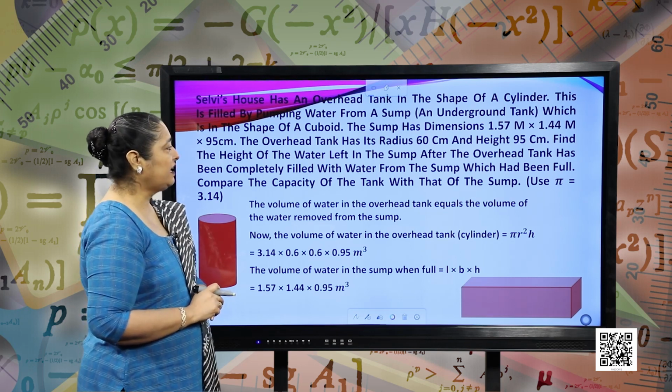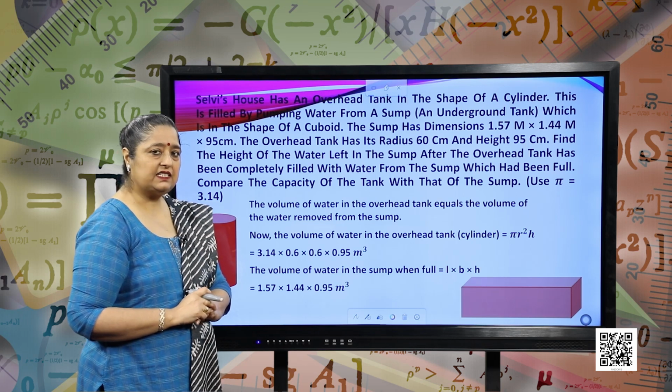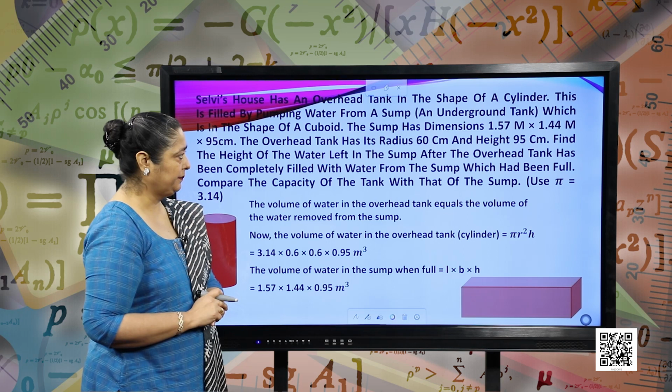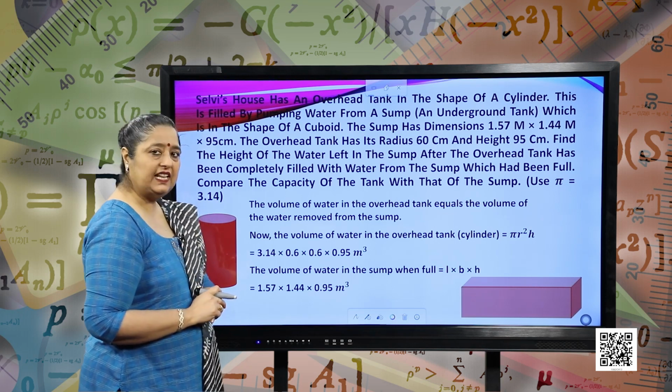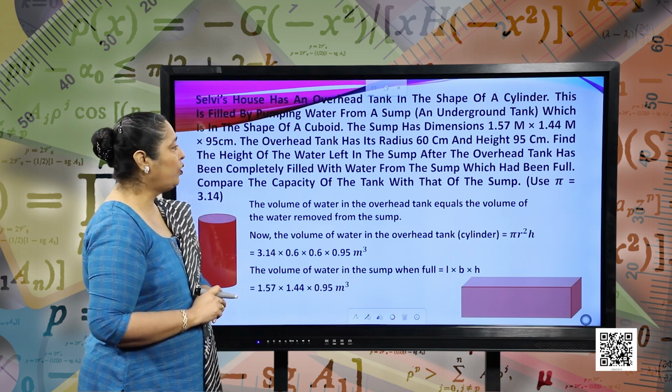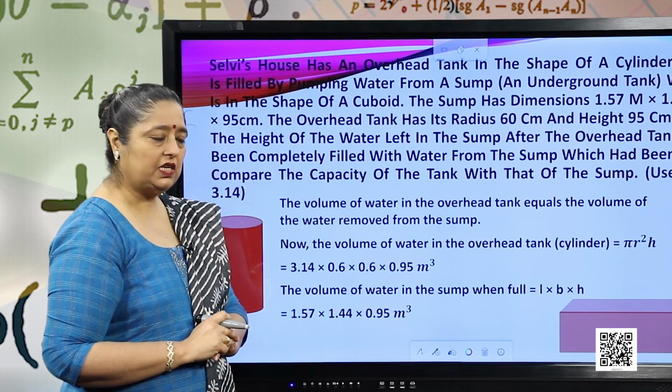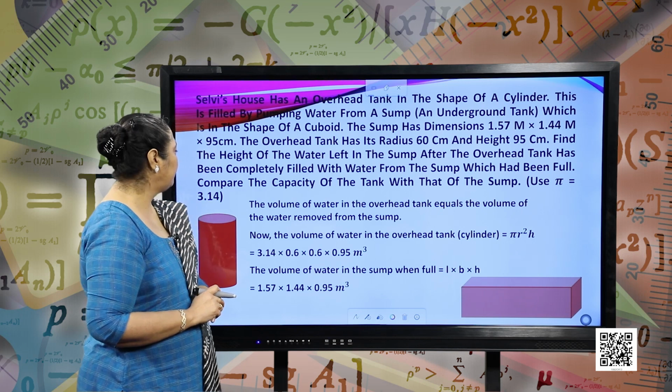The overhead tank has its radius as 60 centimeter and height as 95 centimeter. Find the height of the water left in the sump after the overhead tank has been completely filled with water from the sump which has been full.